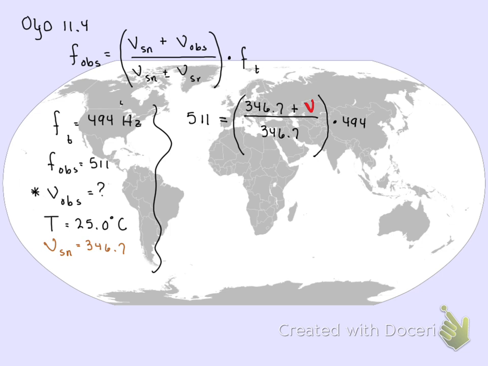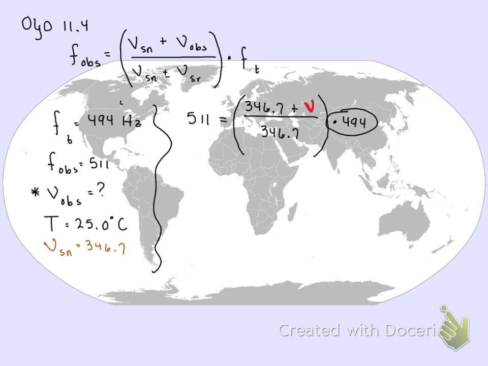Now, the algebra here is going to be a little bit different, okay? Because the V is buried inside the set of parentheses, we need to begin to isolate that set of parentheses and have that as the only thing on the right side of the equation, which means we need to lose the multiplication of the 494.